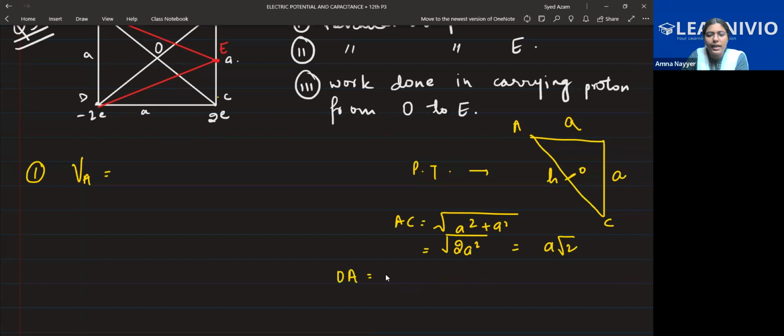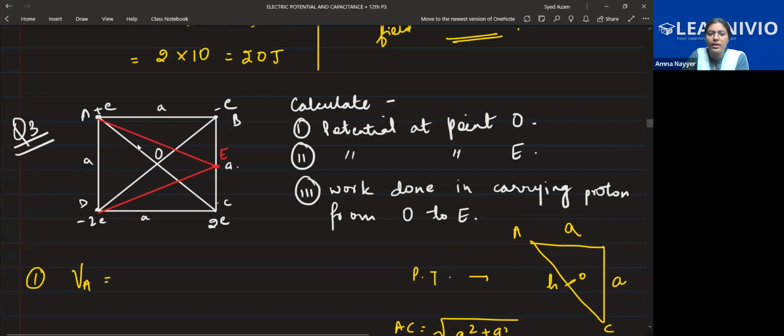OA is equal to OB is equal to OC is equal to OD is A by root 2. Half of A root 2 is A by root 2. Charge is E. This separation is A by root 2.